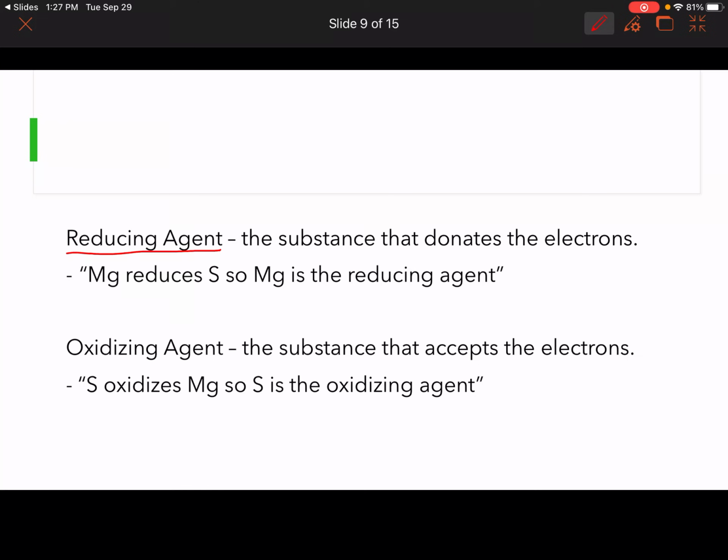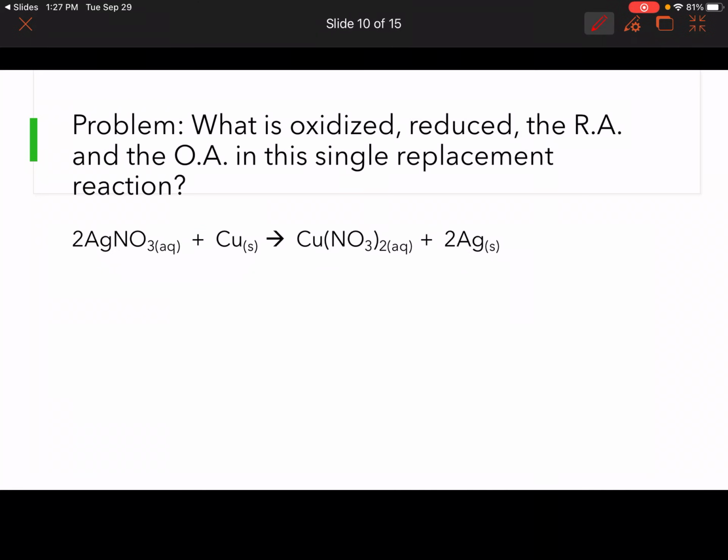Now, the oxidizing agent is the opposite of this. This is the substance that accepts the electrons, and we know that sulfur gained the electrons, it accepted them. So sulfur is now the oxidizing agent, and we would say sulfur oxidizes magnesium. So sulfur is the oxidizing agent.